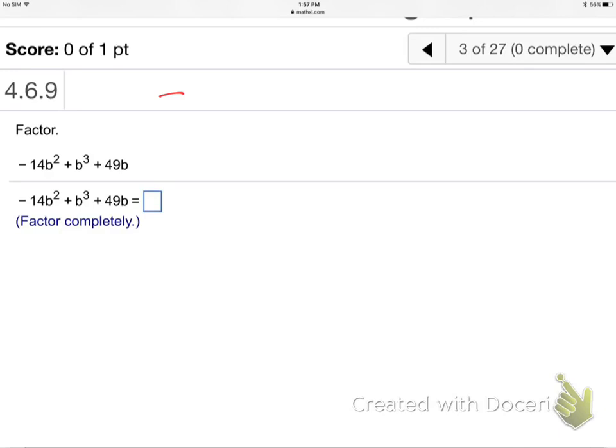Okay, so minus 14b squared plus b cubed plus 49b. What's the first step? Yeah, so go ahead, reorder, right? Reorder, highest power to lowest.